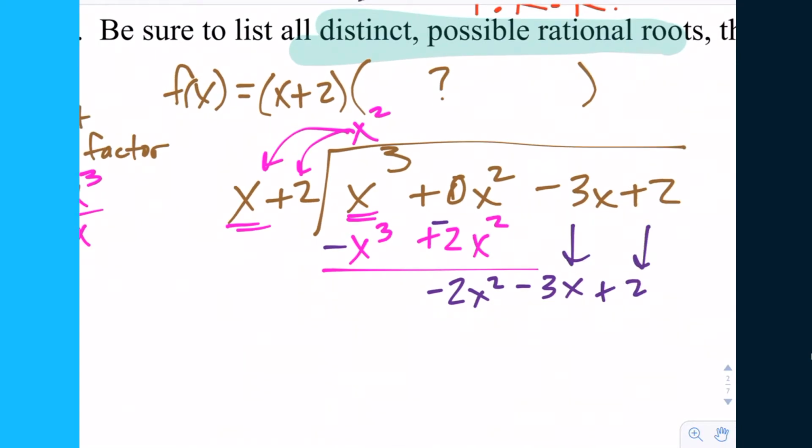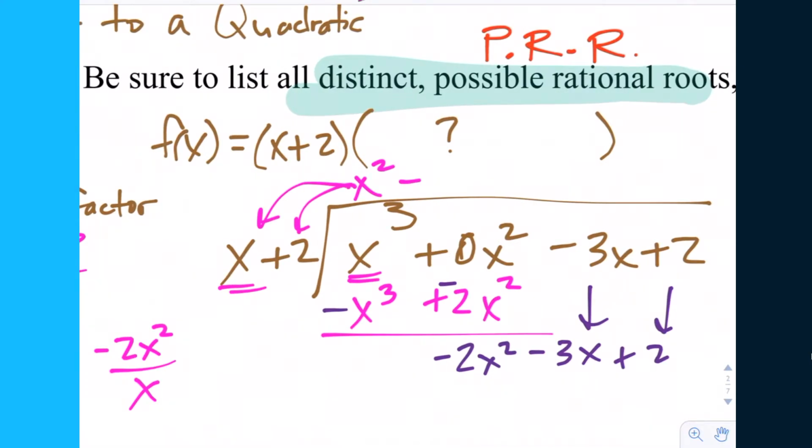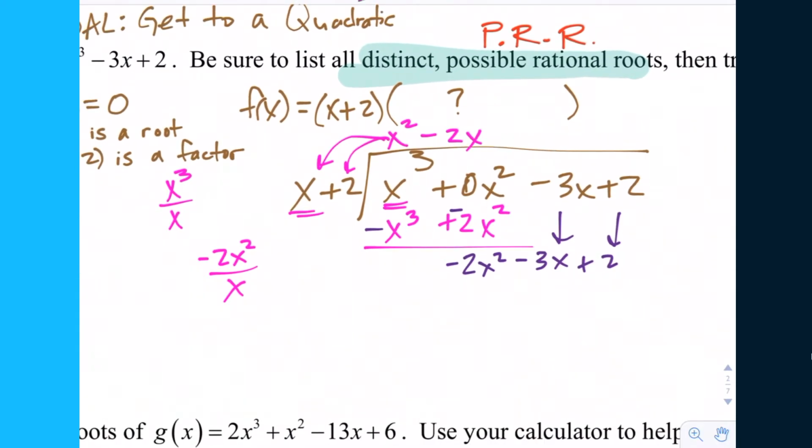Bring everything else down, and you repeat the process. How many times does x now go into negative 2x squared? In other words, what is negative 2x squared divided by x? Negative 2x. You can do that off to the side. Negative 2x then goes up here, and we do the exact same thing. Now we multiply.